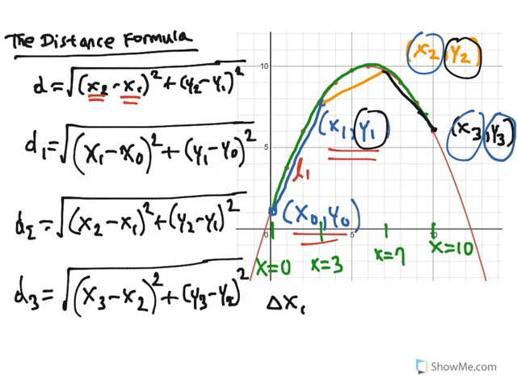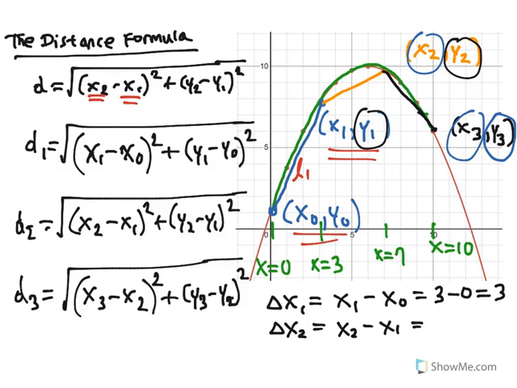So the width of my first subinterval will be x sub 1 minus x naught, or 3 minus 0, which will be 3. The width of my second subinterval will be x sub 2 minus x sub 1, or 7 minus 3, which will be 4.